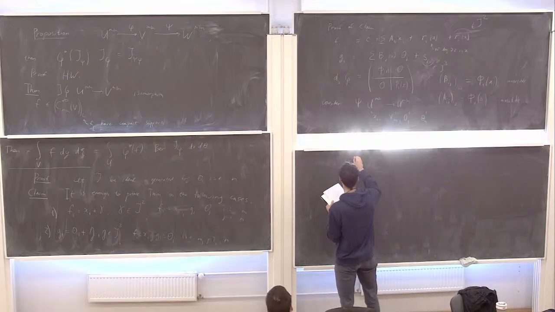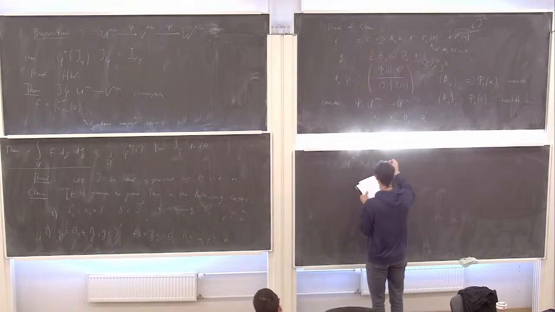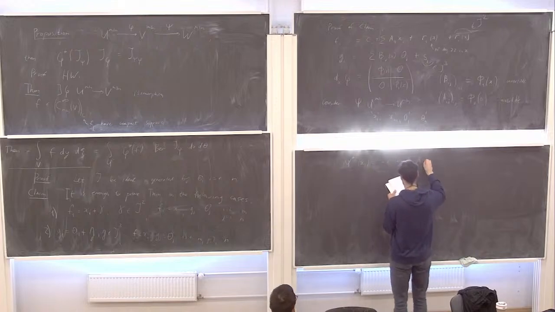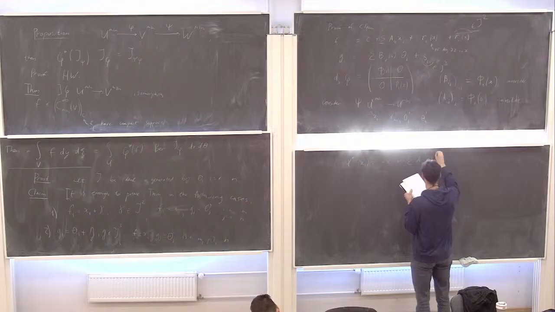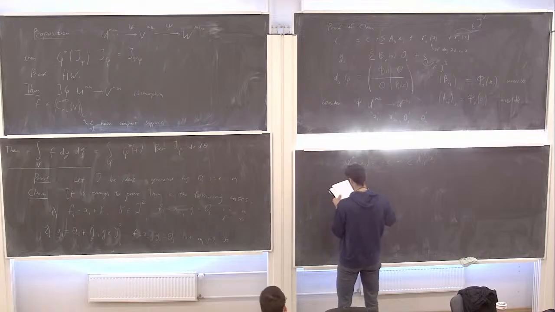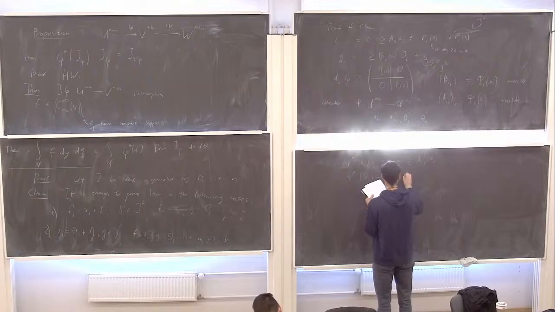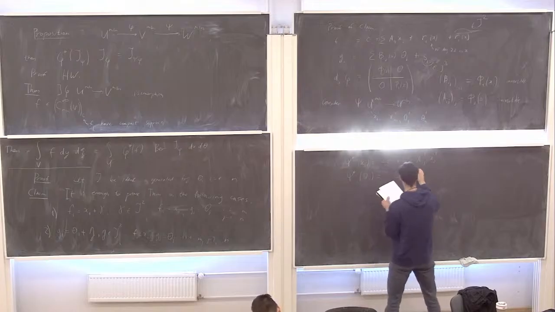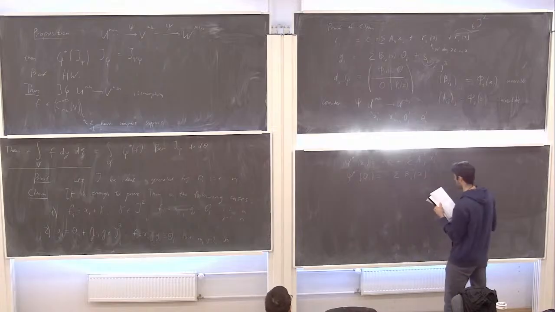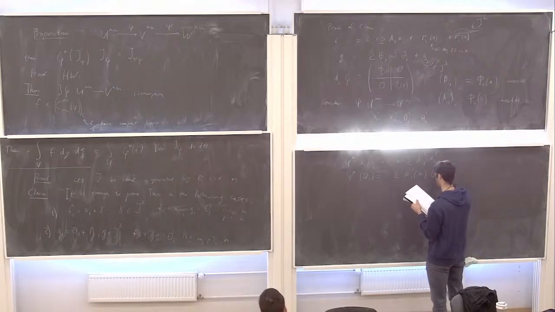Psi star of x_i is negative c_i plus some a_ij inverse x_j prime, and psi star of theta_j is some b_ij inverse of x times theta_j prime.